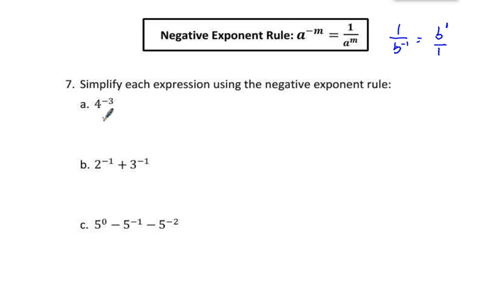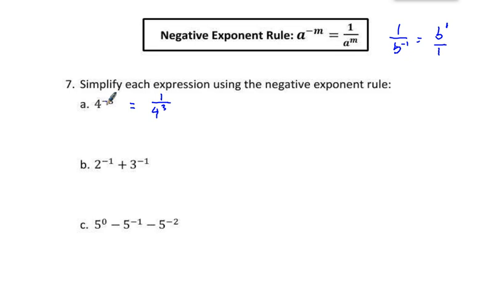Four to the negative third. Because of the negative 3 exponent, this becomes 1 over 4 cubed. We're going to bring the factor to the denominator, and that will create a positive exponent. That does not change the sign on 4. So if 4 was negative, the negative stays attached to the problem.